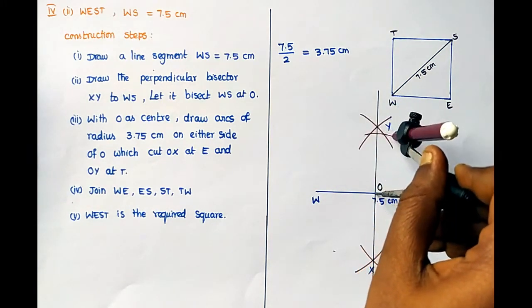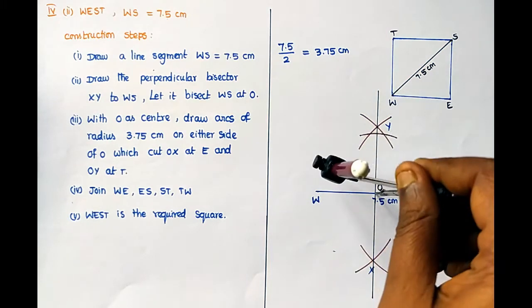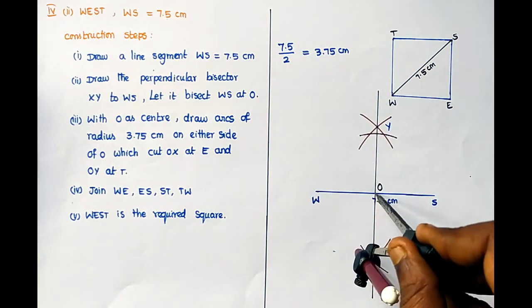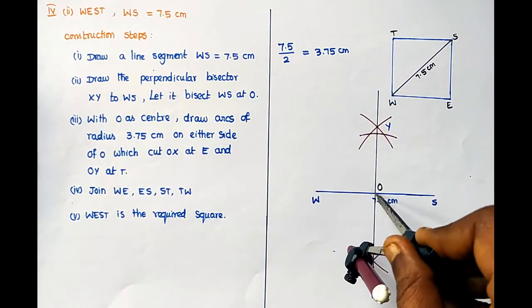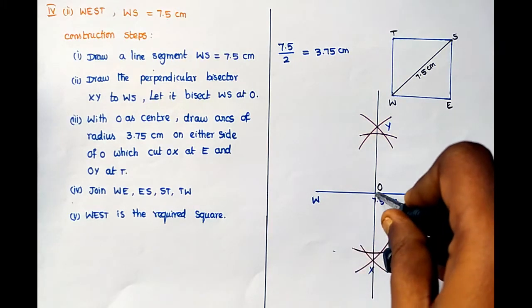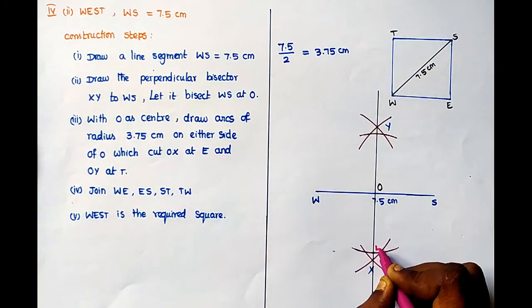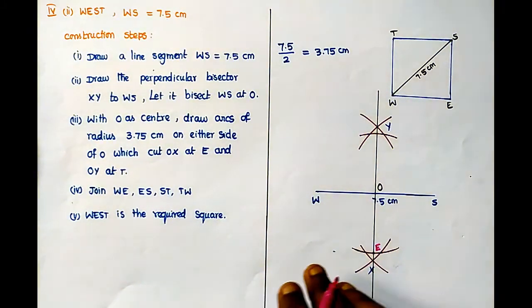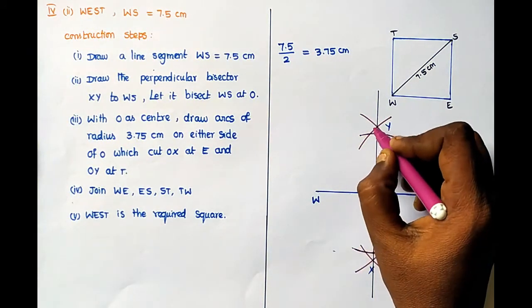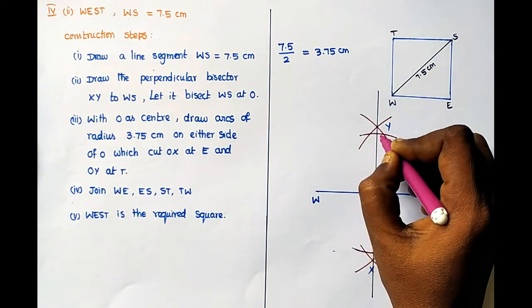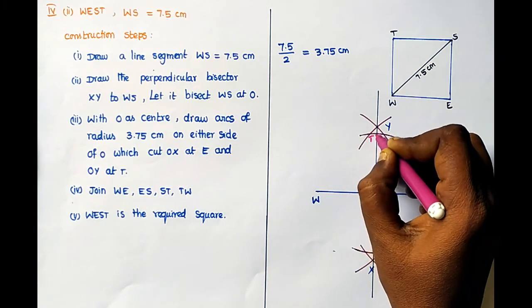Draw arcs either side of O which cut OX at E and OY at T. This is T.